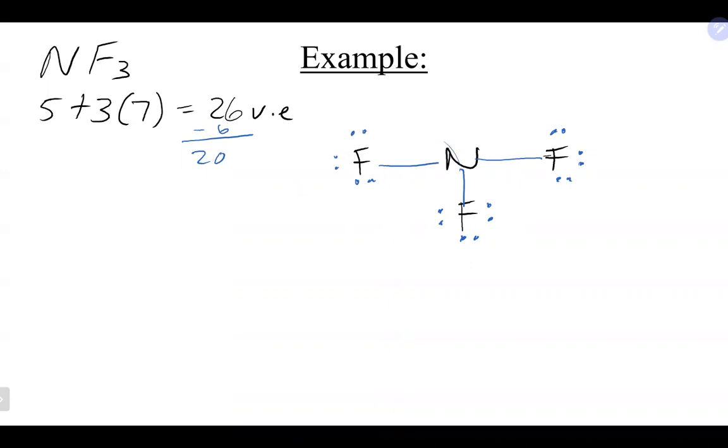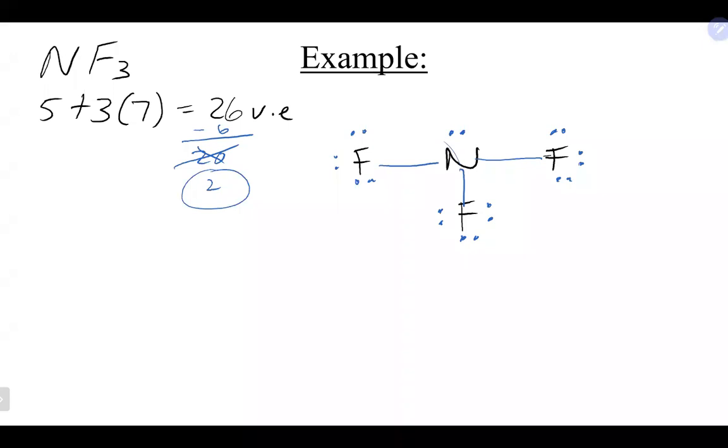At this point, I have placed 24 electrons on my picture, which means I still have 2 more to go. Those 2 go to the center atom as dots. Now we have 26 electrons on our picture.